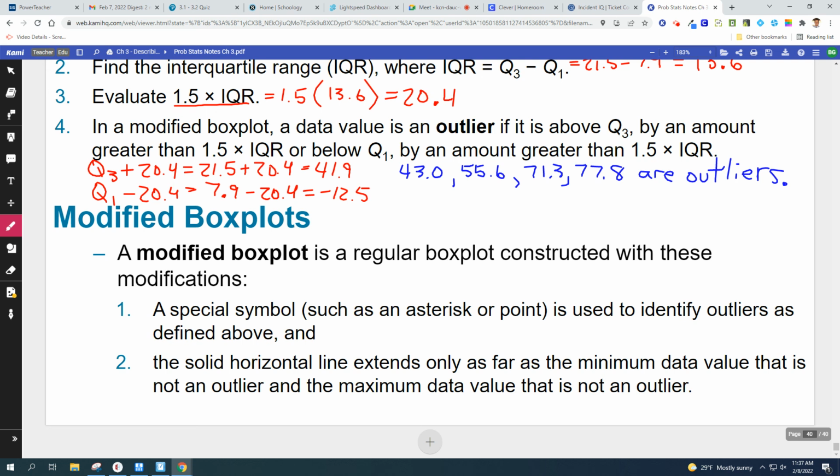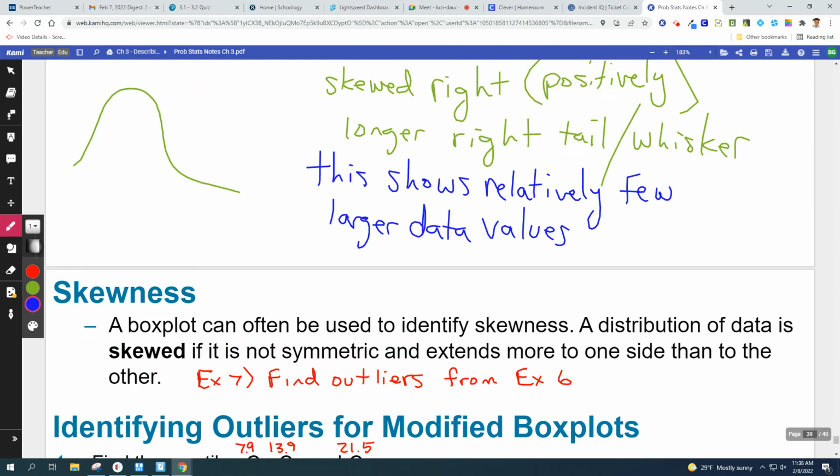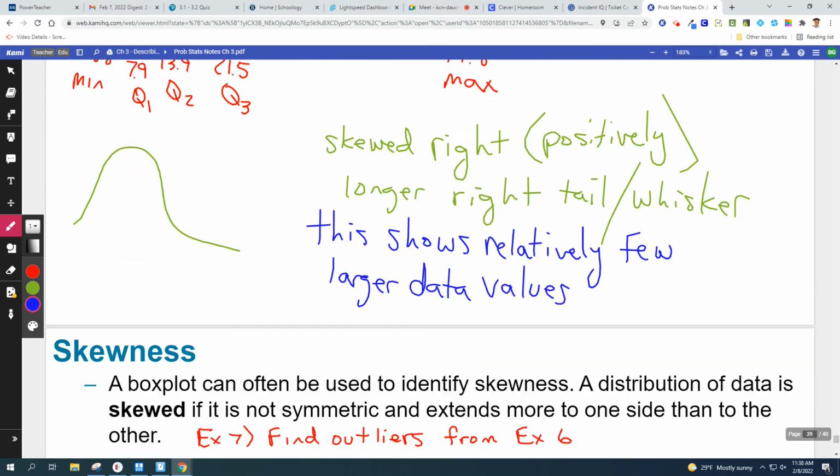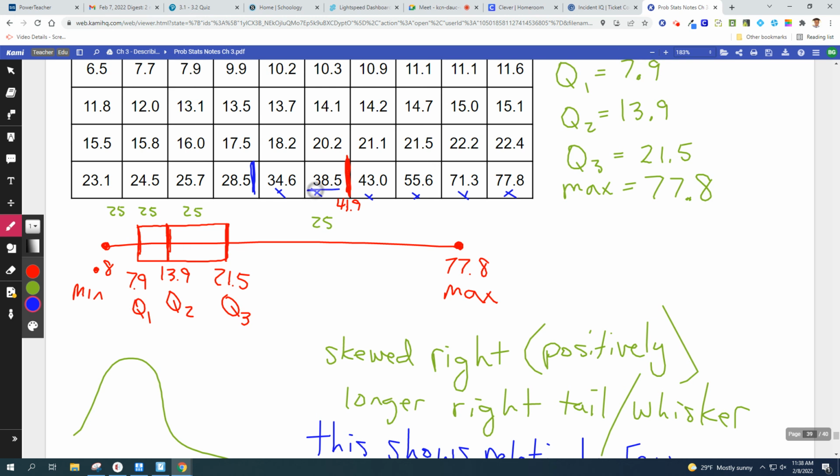So we want to take that box plot that we did before, which went from 0.8, but we don't want to go all the way up to 77.8 because that's an outlier. We only want to draw the box plot up to the last number that's not an outlier, 38.5.